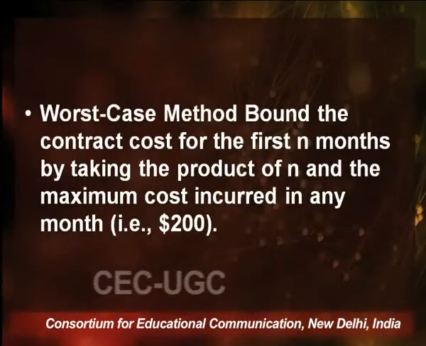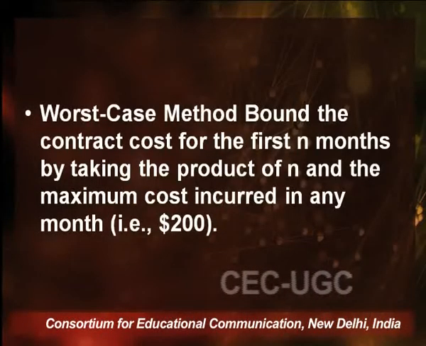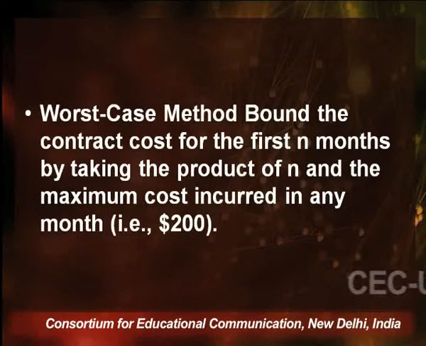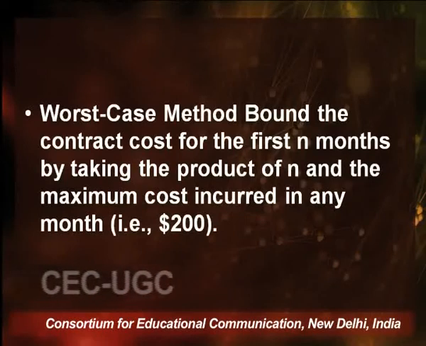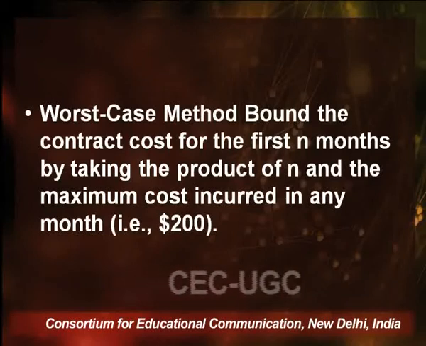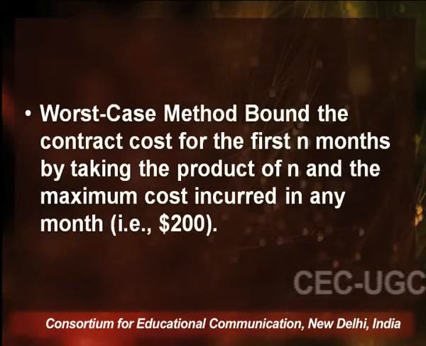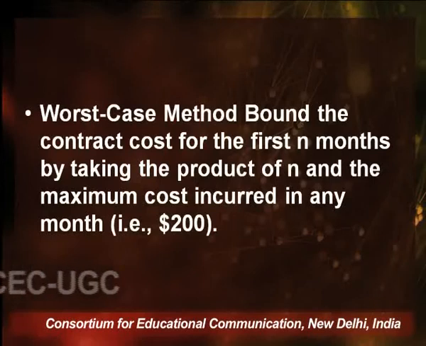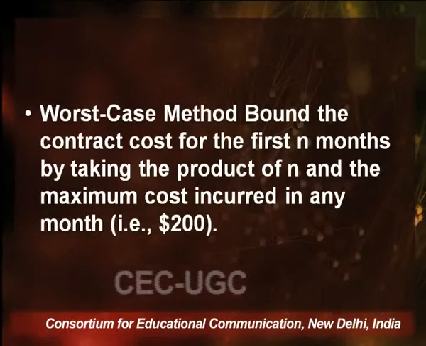Now, the worst case method says we need to bound the contract cost for the first n months by just taking the product of n and the maximum cost incurred in any month. So, according to the conditions of maintenance, if you can recall, the maximum cost in any month is $200 in the month of December, because that includes major tune-ups and many things.